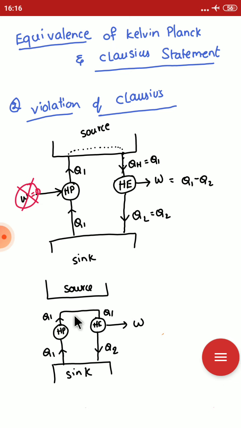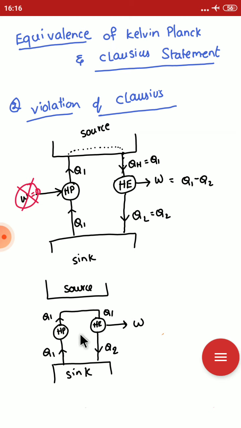From this, it is extracting heat from the source, and a part of the energy is converted to work and a part is sent to the sink. That is the function of the heat engine.